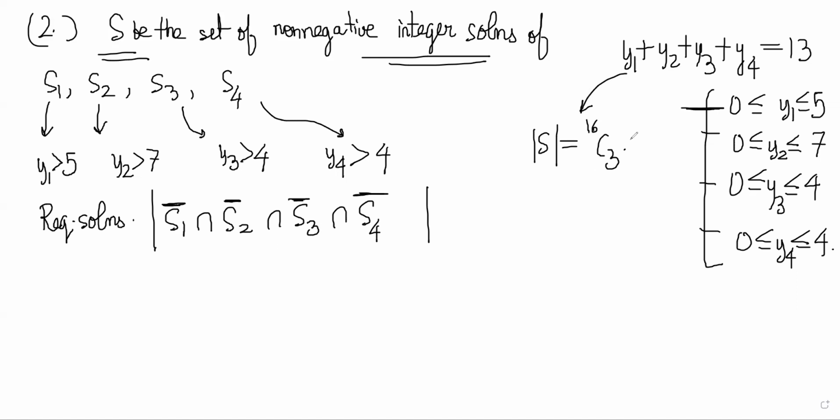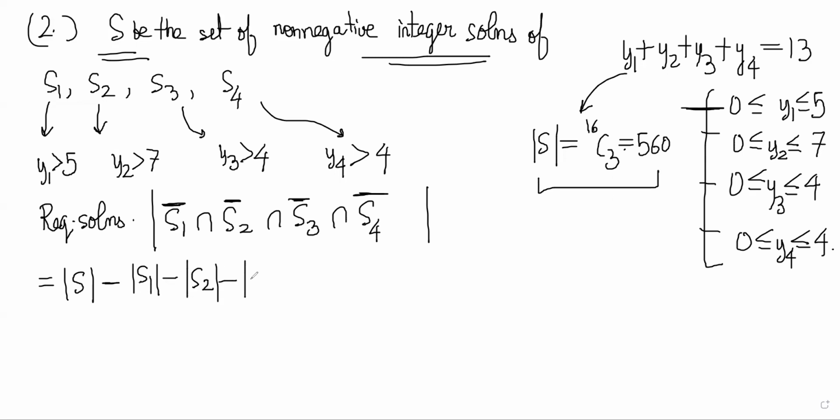So that becomes 560 here. That is the first step, because you write this first. Then you have to subtract each of them one at a time: minus mod S1, minus mod S2, minus mod S3, minus mod S4. So you will need to count each of these individually, right? So think about it: if I want to find mod of S1, the number of solutions where y1 is greater than 5.